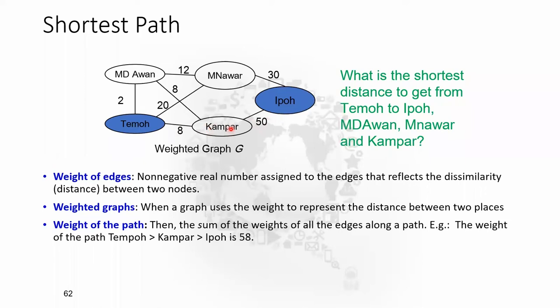So the weight of the path from Thermo to Ipoh is 58. The shortest path would be the path with the smallest accumulated weight. So just now, as shown, if you follow Thermo to MD Awang to M Nawar and compare the shortest path, it would be 2 plus 12.